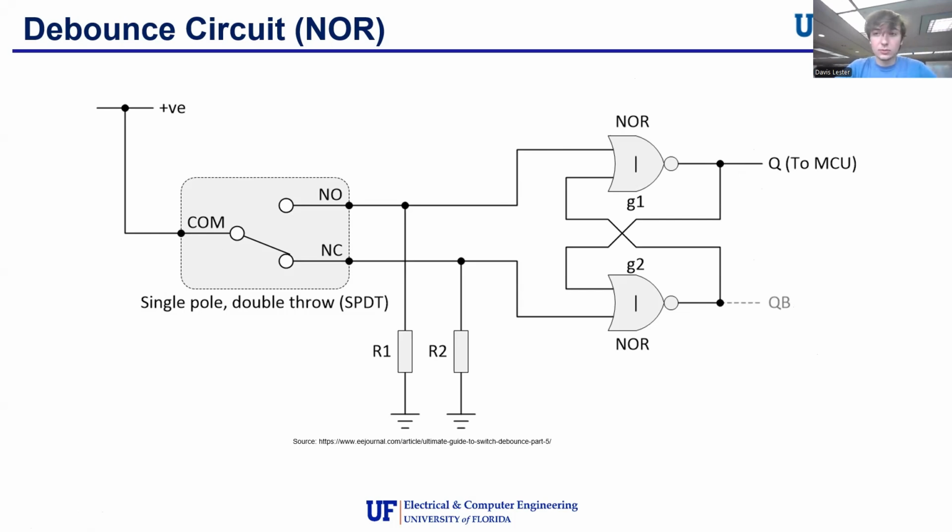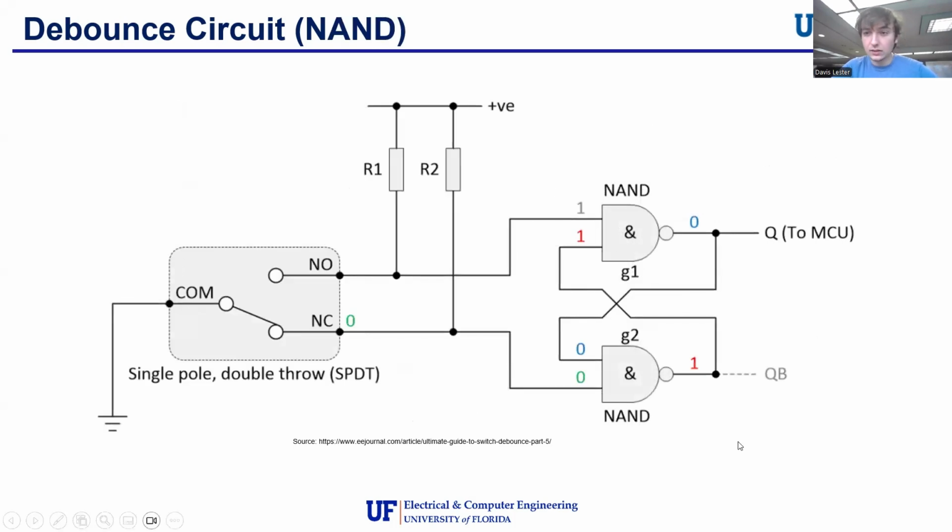Okay, so let's move on to the NAND gate. The NAND gate version is pretty much the exact same SR latch, but this time we use the resistors to VCC and the switch to ground. This will give the same output, but we need to use the different versions because we have active low inputs.